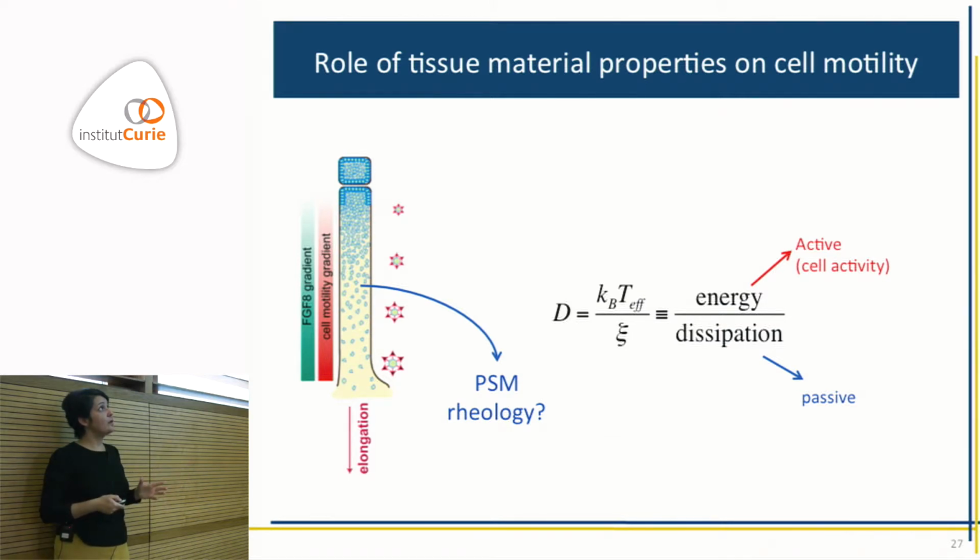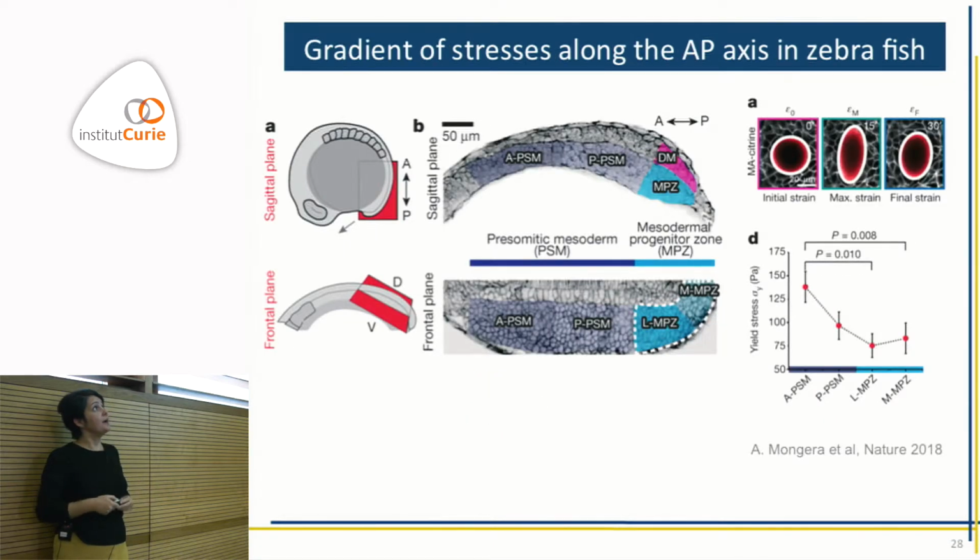And indeed, for another system, the zebrafish embryo, in a paper that came out recently, a beautiful work from the Campas lab, what they did is put oil drops inside the tissue. These are ferrofluid drops, and they can deform them by magnetic field. And you see here, they deform the oil drop, and then they release it, and they see how it retracts.